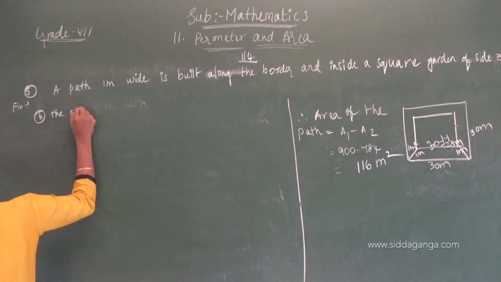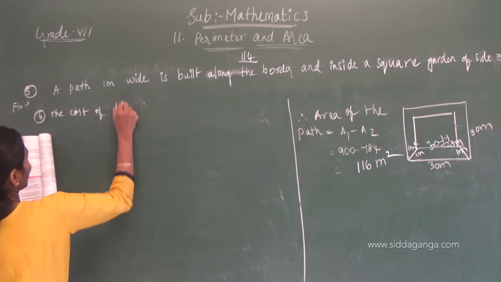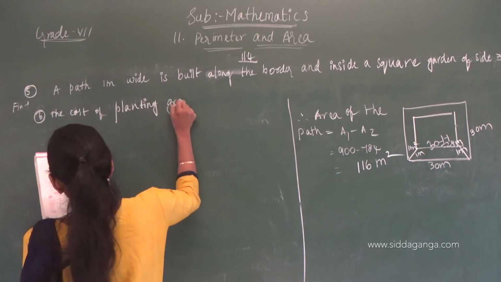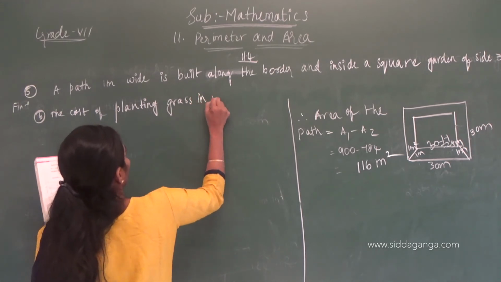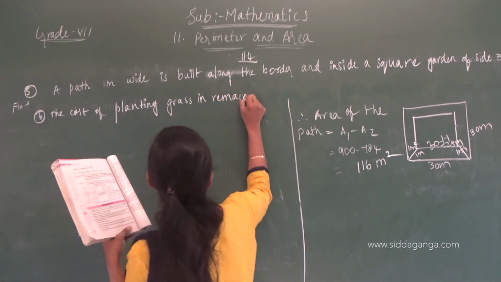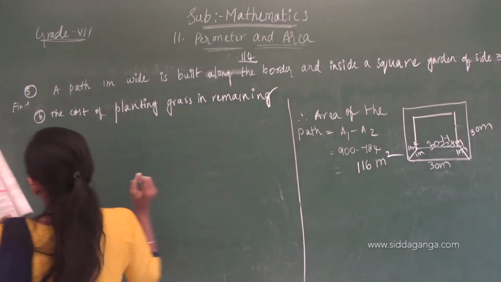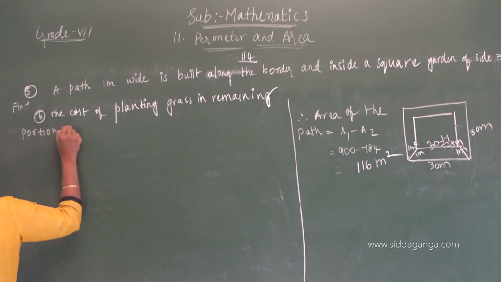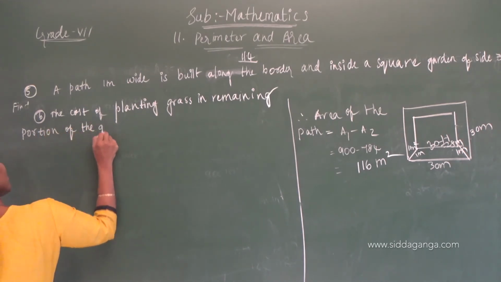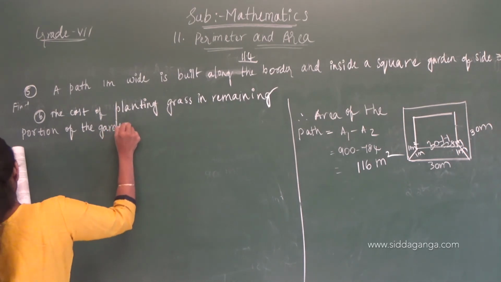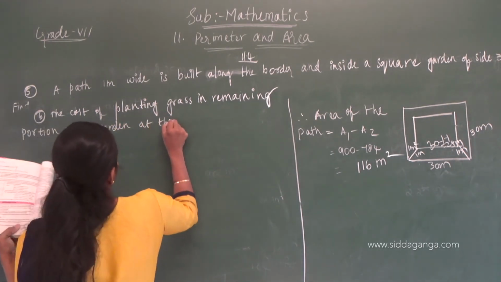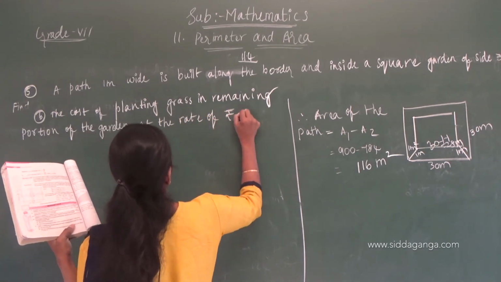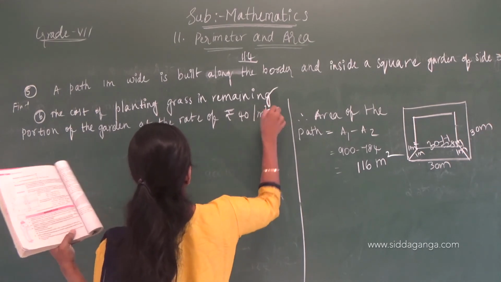The cost of planting grass in the remaining portion of the garden at the rate of rupees 40 per meter square.